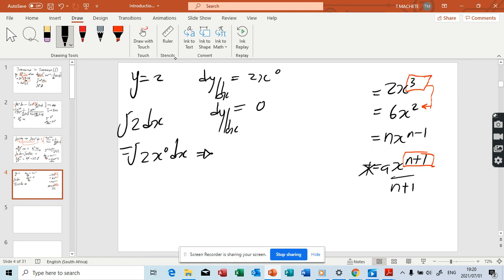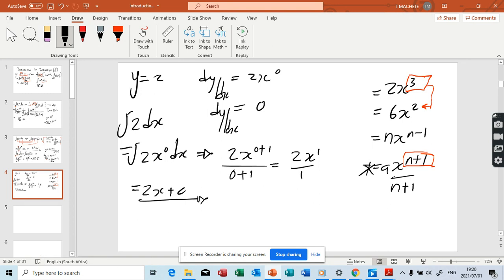So when you integrate, you add 1 to the exponent. You're going to say 2x to the power of 0 plus 1 over 0 plus 1. That's the difference between integration and differentiation. So for this one, you're going to get 2x to the power 1 over 1, which is the same as 2x plus c. Do you see it now?